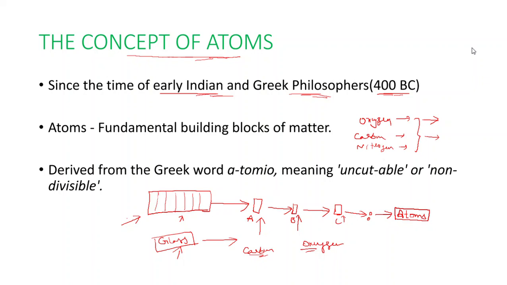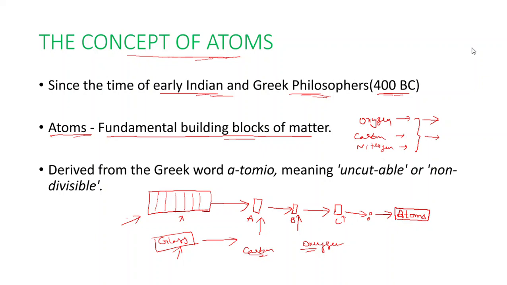In order to answer such questions, we need to study this concept of atoms, because atoms are the fundamental building blocks of matter. So everything in this universe is made up of atoms, and that's the reason why we need to study this chapter thoroughly. To understand the concepts of chemistry in particular, we need to understand how atoms behave in each element.